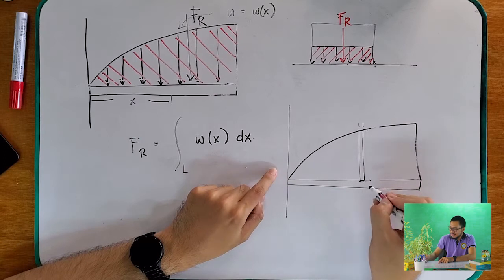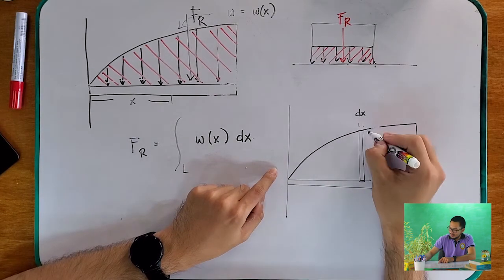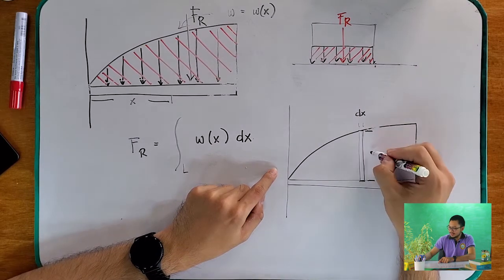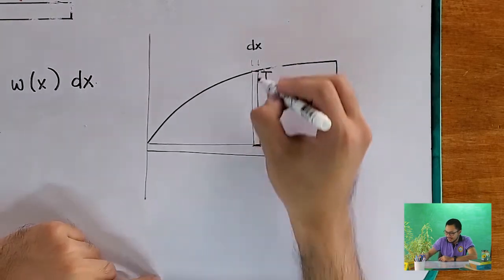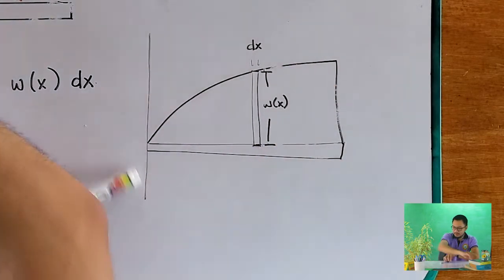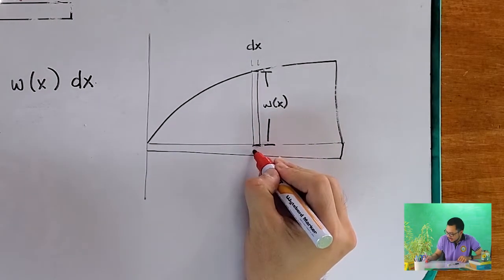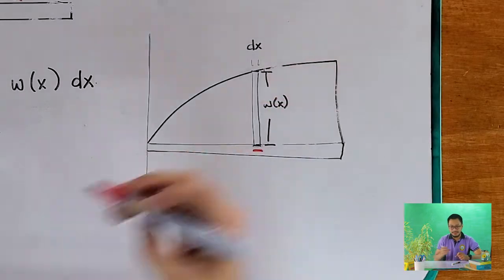So, given now that the width of this one is dx and the height of this one is w(x), then to get the area of this rectangle, unsa man na? Again, kani na siya width of dx and kani na siya height of w(x).